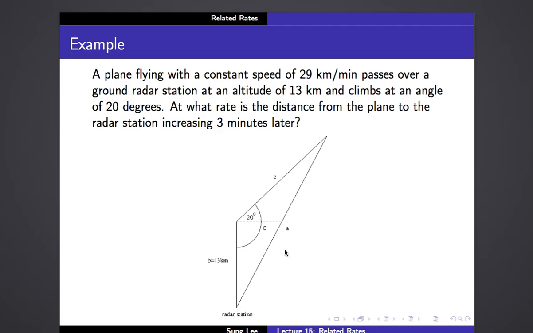So using the law of cosines, we have a squared equals b squared, which is 13 squared, plus c squared minus 2bc, 2 times 13 times c, cosine theta, which is 11 over 18 pi.